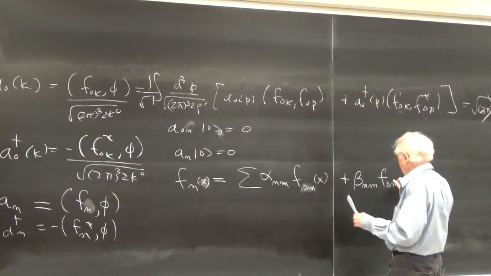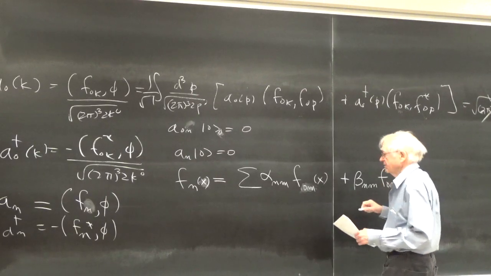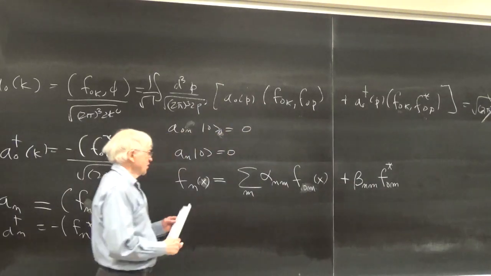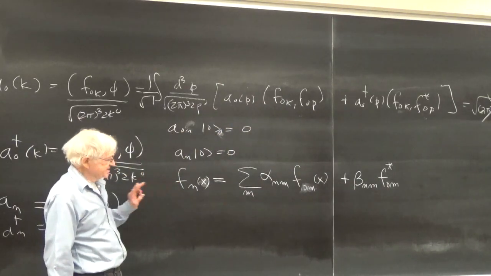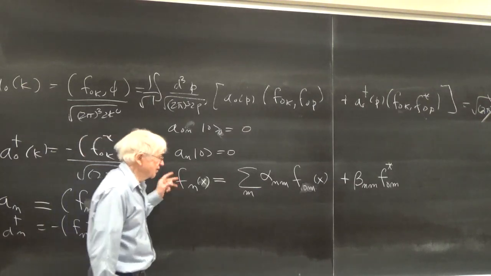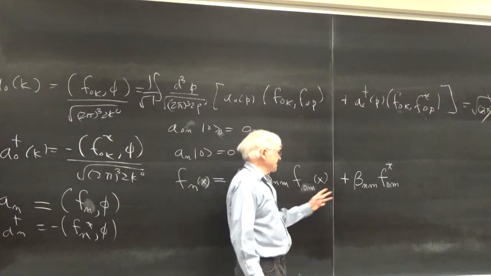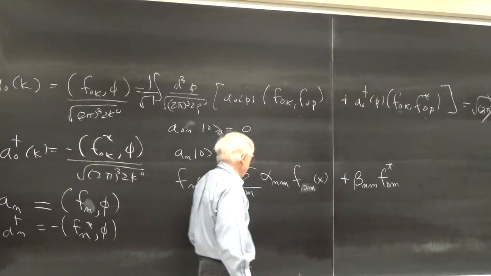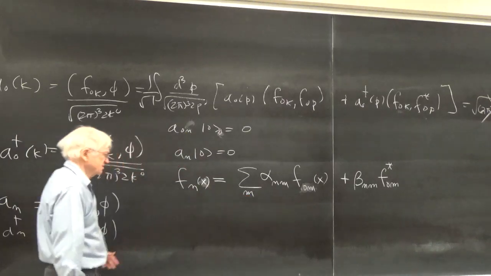F0M complex conjugate. So in other words, we're expanding the curved space mode functions, which are the solutions of the curved space Klein-Gordon equation, in terms of the free space Klein solutions and coefficients. And in general, these will be really integrals.